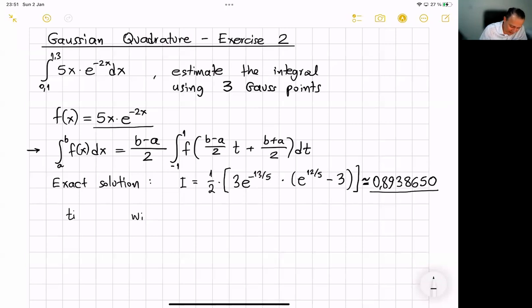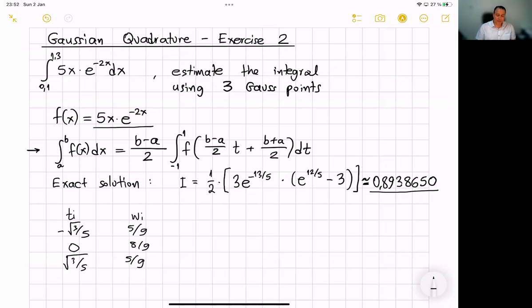So in this case, I have minus square root of 3 over 5, 0, and square root of 3 over 5. And the weights are 5 over 9, 8 over 9, and again 5 over 9. These are the values that I will use for my variable and for the weight.